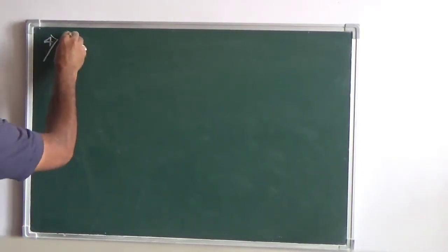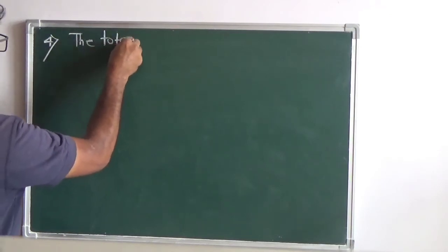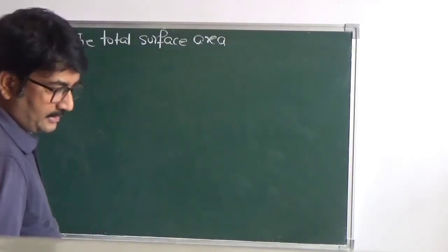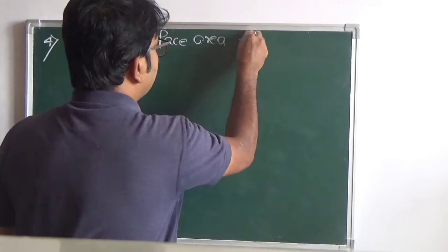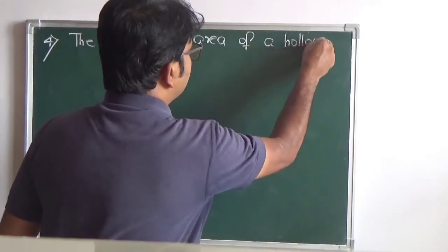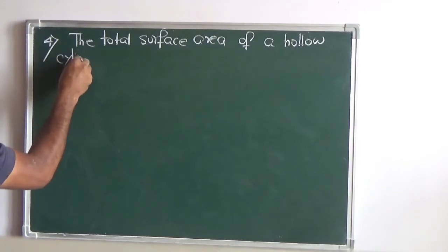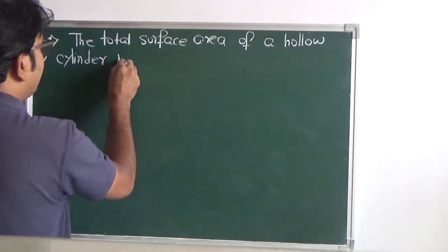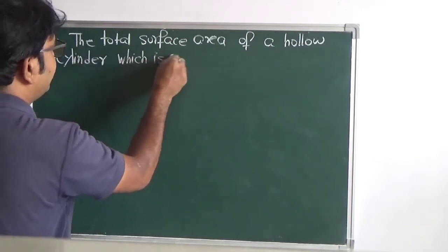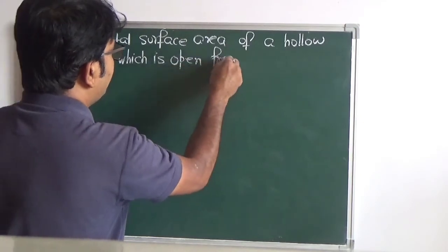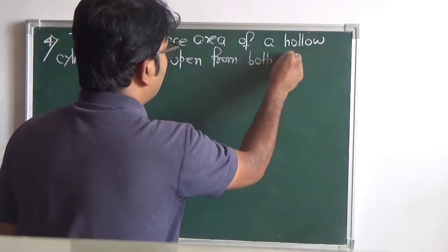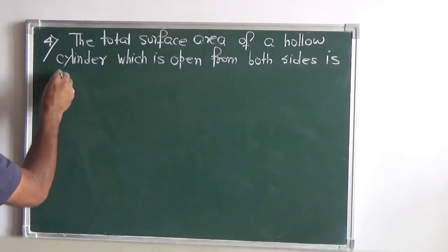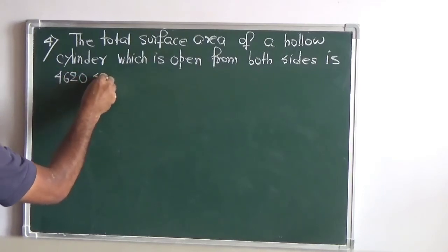The total surface area of a hollow cylinder which is open from both sides is 4620 square centimeter.